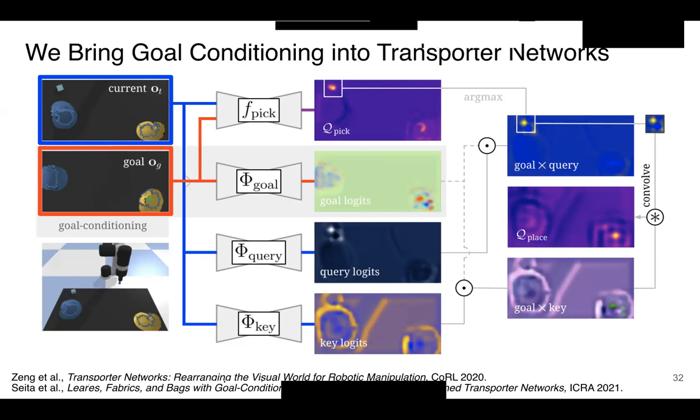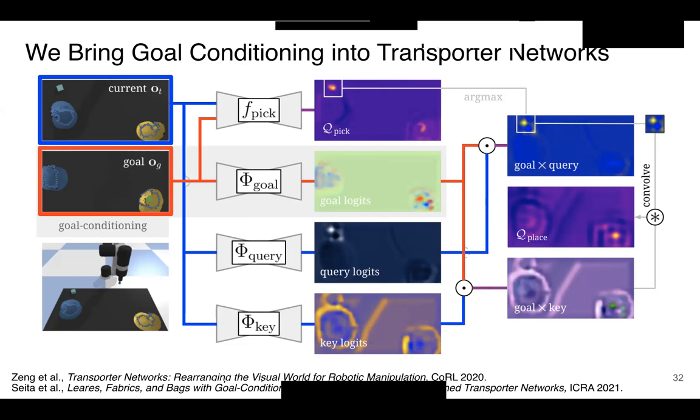Now, before we can apply a transport operation, we have to somehow use the information from the goal image. Otherwise, we're not taking advantage of that information. The way we do this is very simple. We do some element-wise multiplication with the goal times the query logits and the goal times the key logits. Query and key are just terms that we take from the databases community, and we name the networks that way.